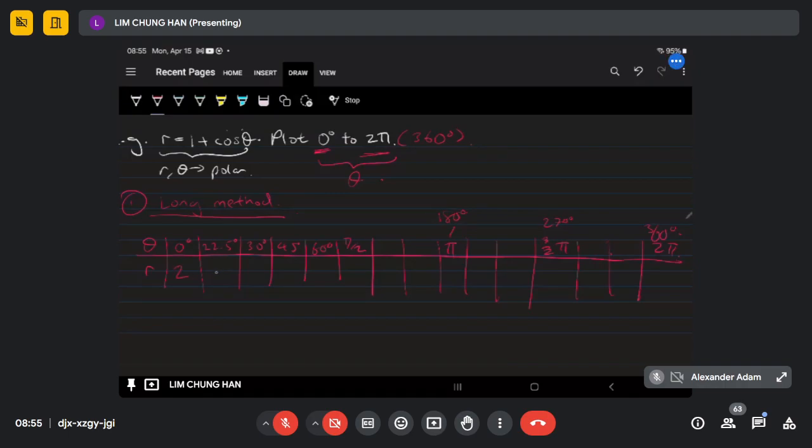When it's 22.5, 1.9 or something like that. Agree? When it's 30 degrees, 1.15?